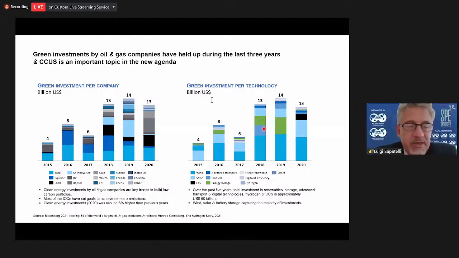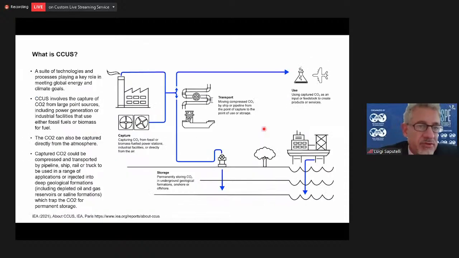So, what is CCUS? CCUS stands for carbon capture, utilization, and storage. And we have here a suite of technologies, a process. We want to capture CO2 from an industrial process or from biomass fuel power stations or directly from the air.